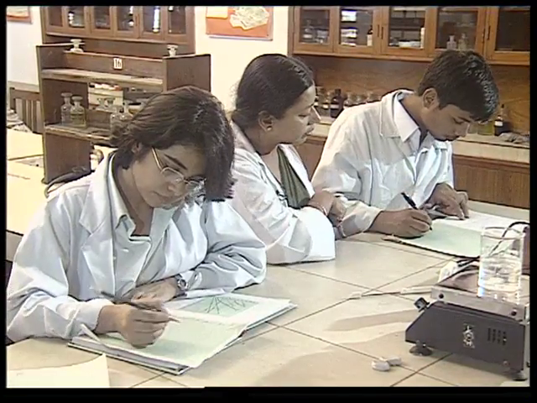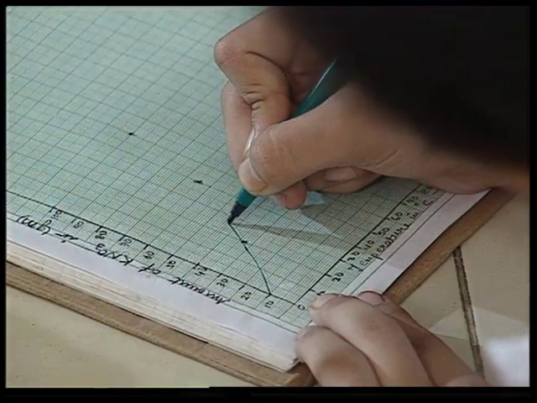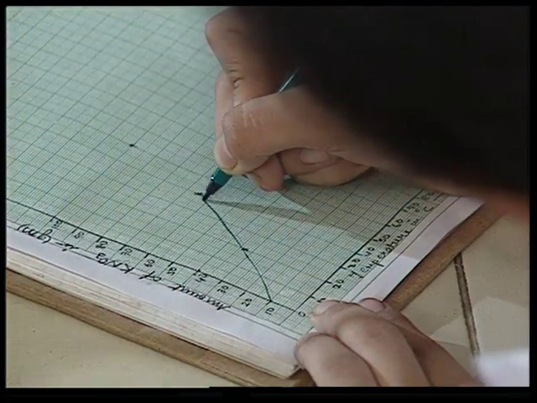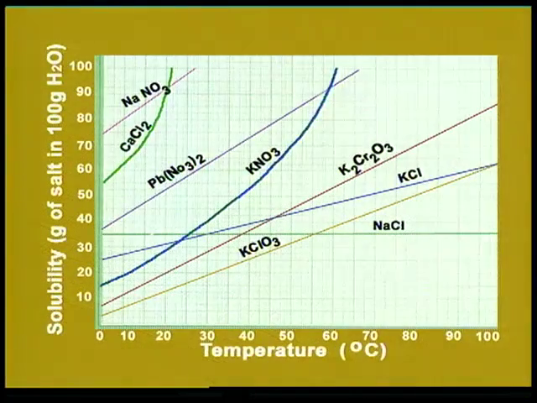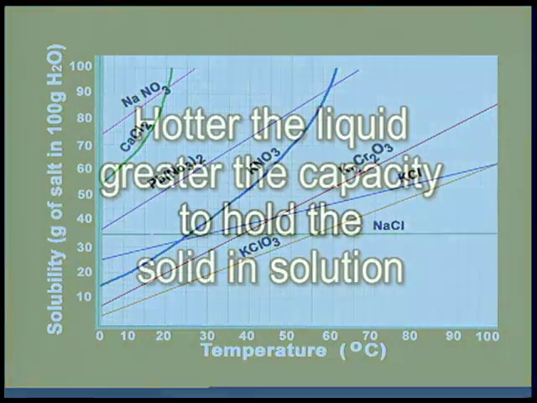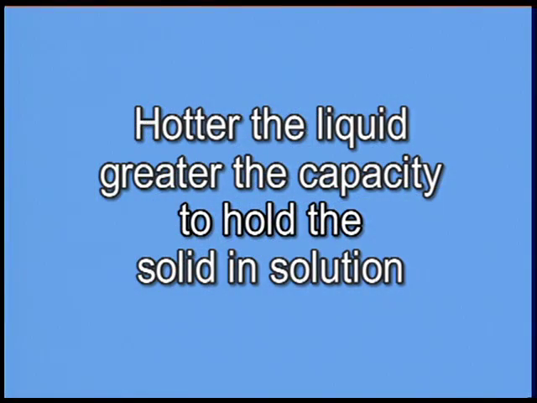Plotting the amount of solute dissolved on the y-axis and the temperature on the x-axis, we obtain the solubility curve. This graph clearly shows that a hot liquid has a greater capacity for holding the solid in solution.